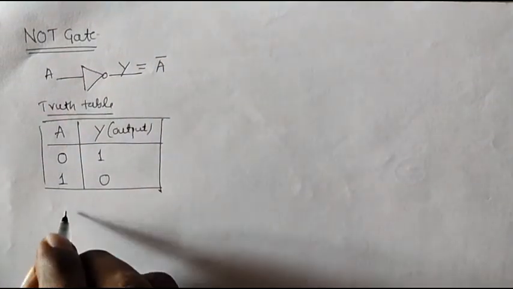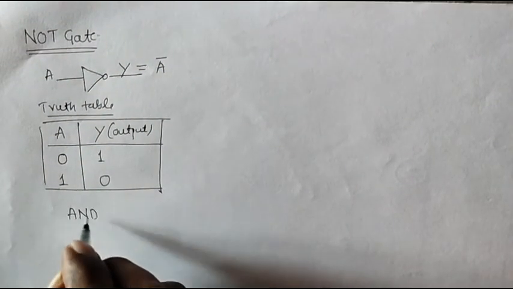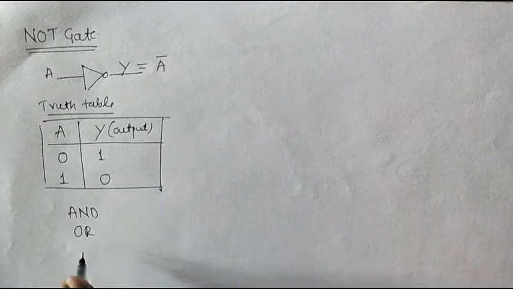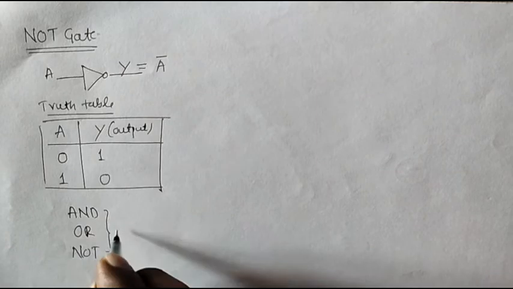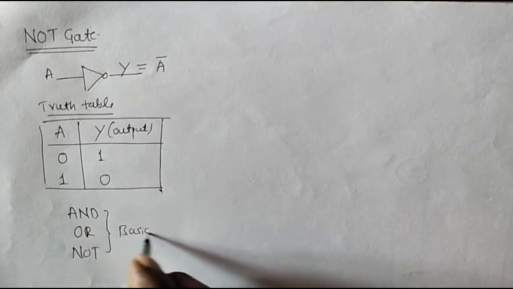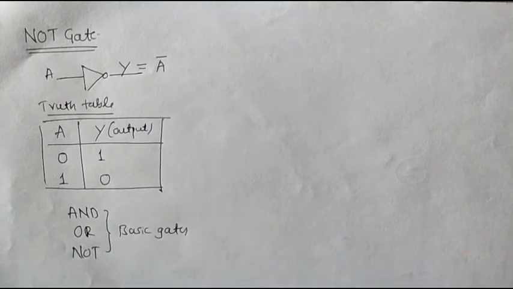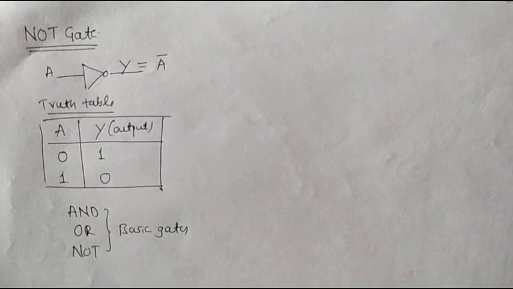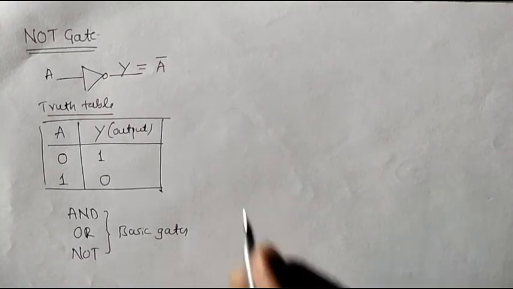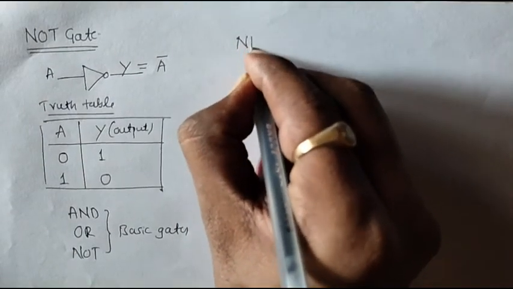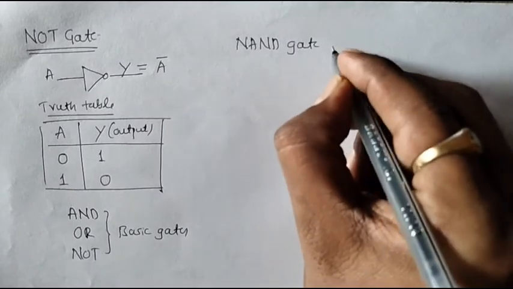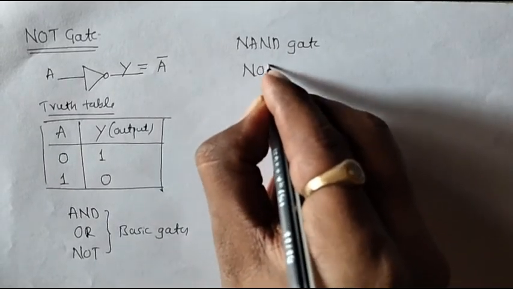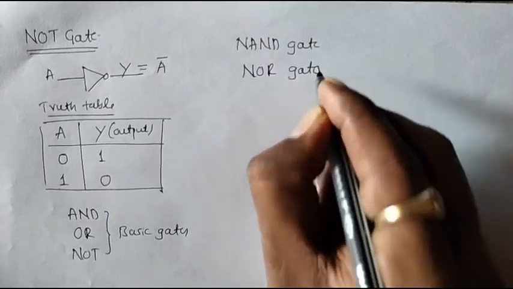Therefore now we can say AND gate, OR gate and NOT gate are basic gates. Along with basic gates, there are two more gates known as NAND gate and NOR gate.